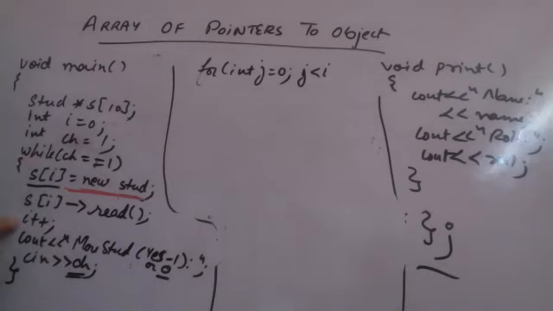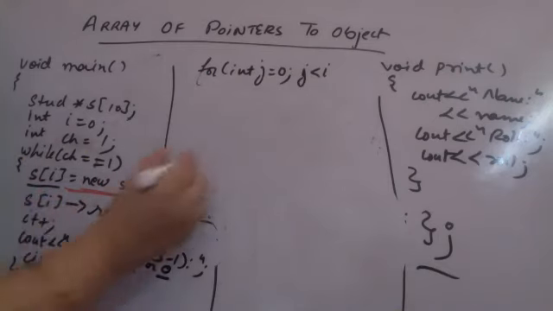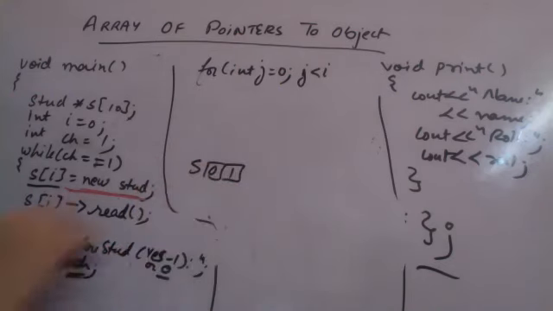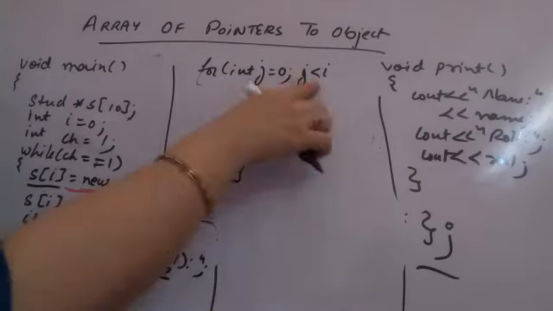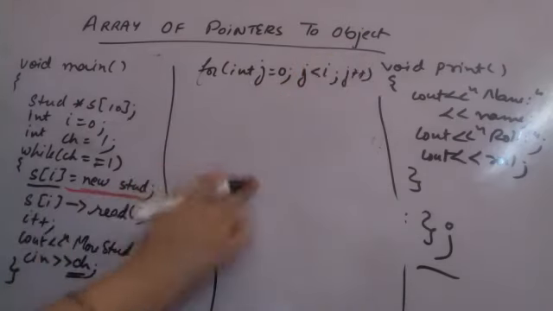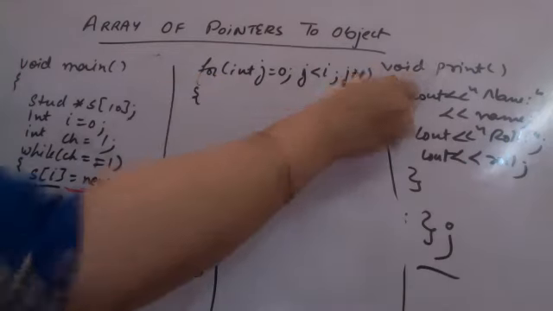जब loop से बाहर आएगा तो I plus plus हो चुका होगा. तो अगर 2 students हैं, that means one location is at S of 0, other location is at S of 1. These are 2 students. I will be 2. So I'm running till J less than I and J plus plus. Right? What do I have to do? I have to call print.